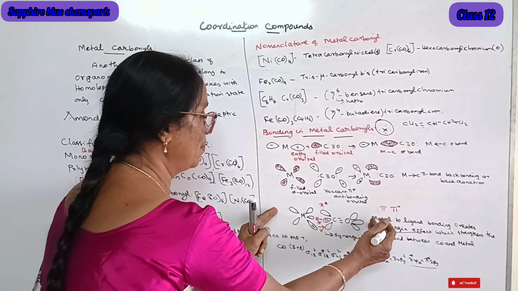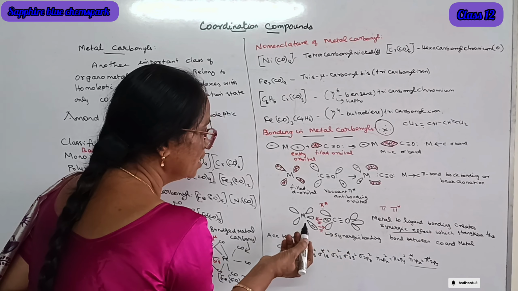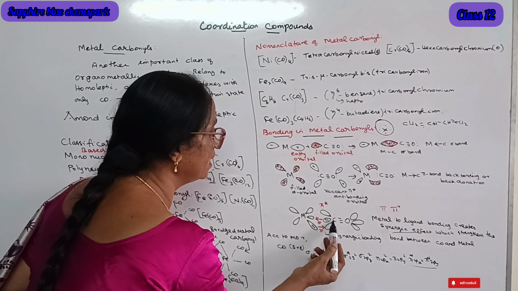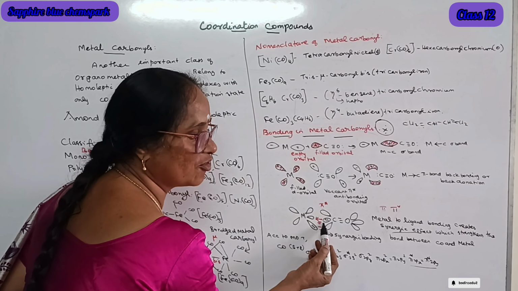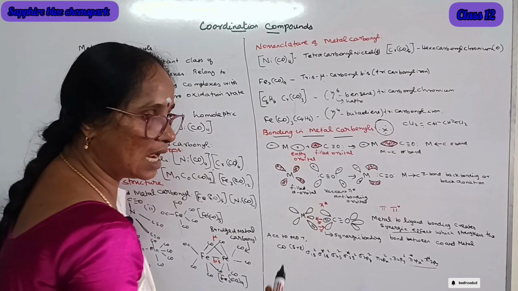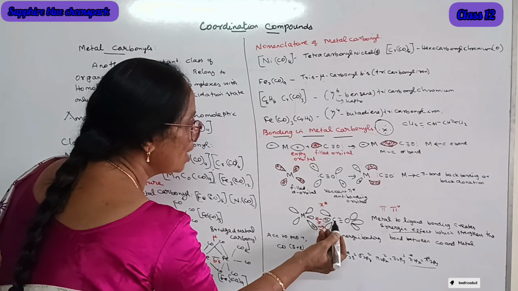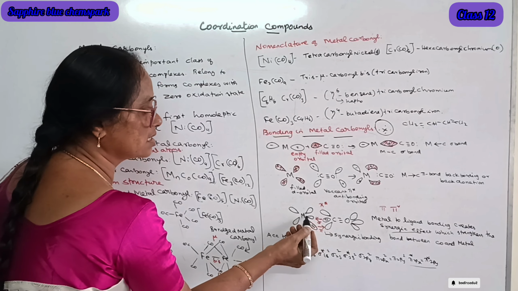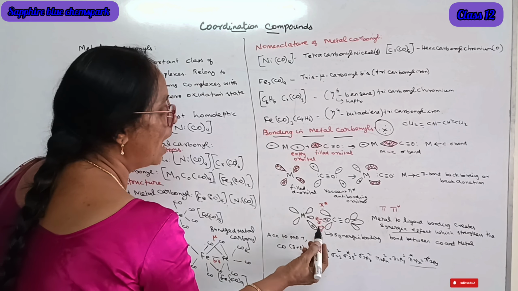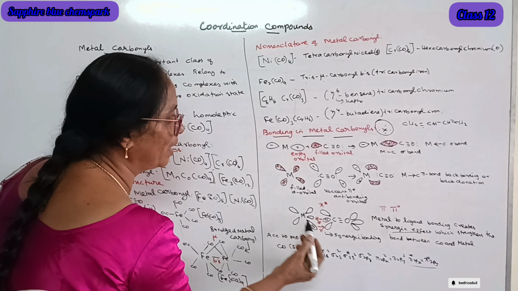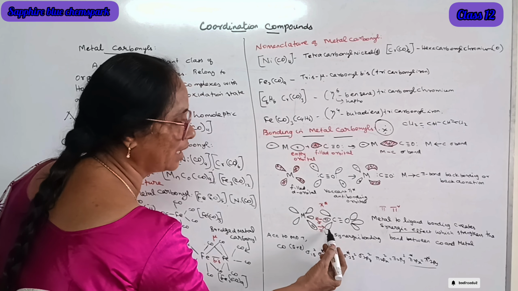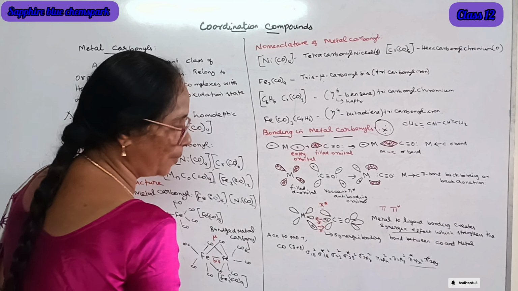So it can be represented all together. The metal has filled d orbitals, and the carbon has a filled orbital of p electrons. The carbon also has pi star anti-bonding orbitals. The carbon donates its filled electrons to the vacant orbital of the metal, that makes the sigma bond, and the filled d orbital of the metal donates its electrons to the pi star anti-bonding orbital of carbon, that makes a pi bond.